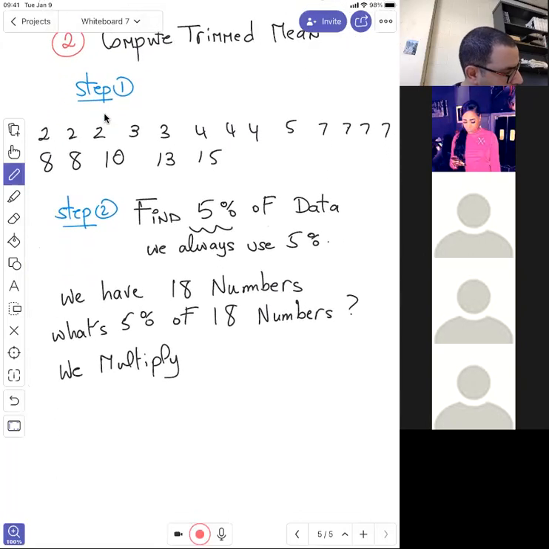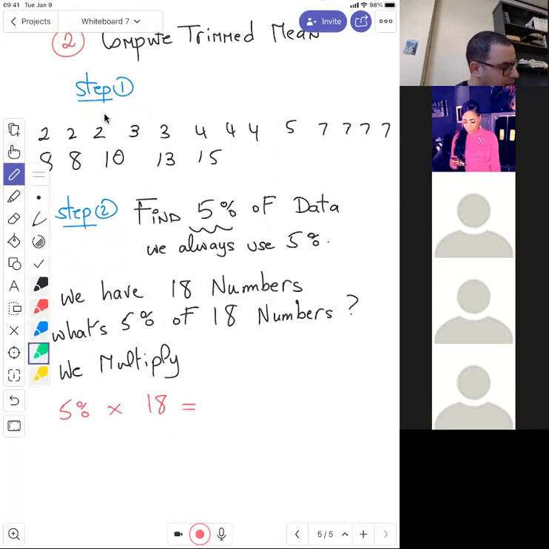Okay. So 5% times 18. Now, what's 5%? The percent symbol means division by 100.